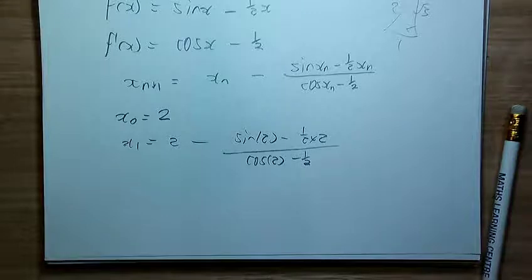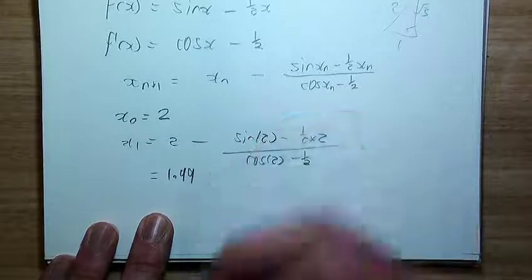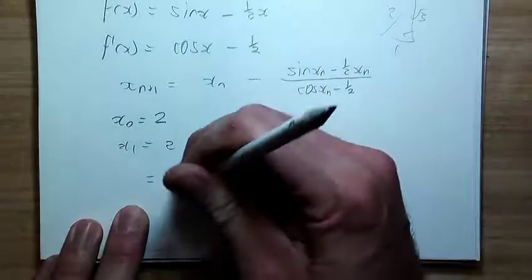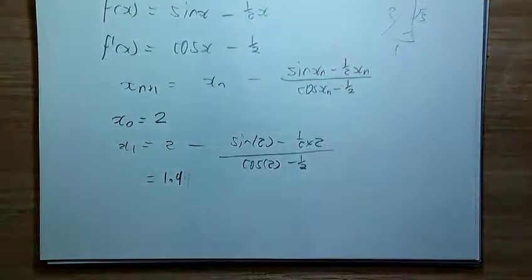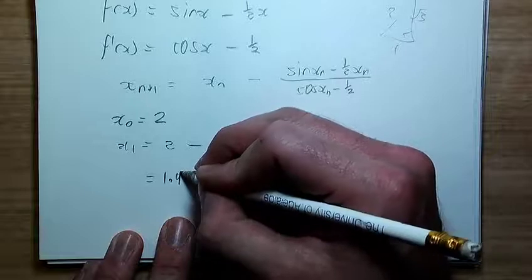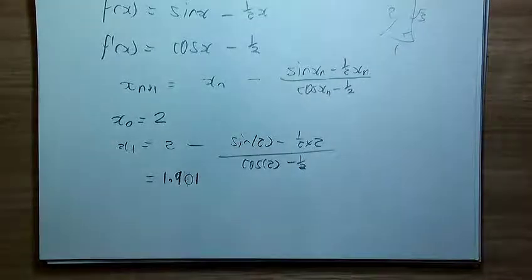I get 1.99, no, 90099. So we only need 2 decimal places, so I'll do 3 decimal places. 1.901.